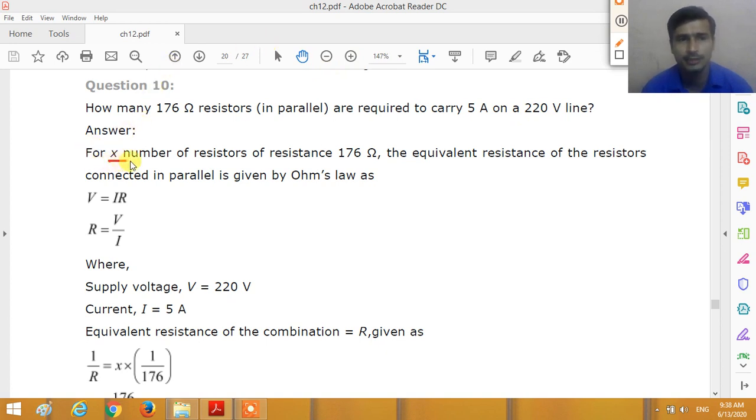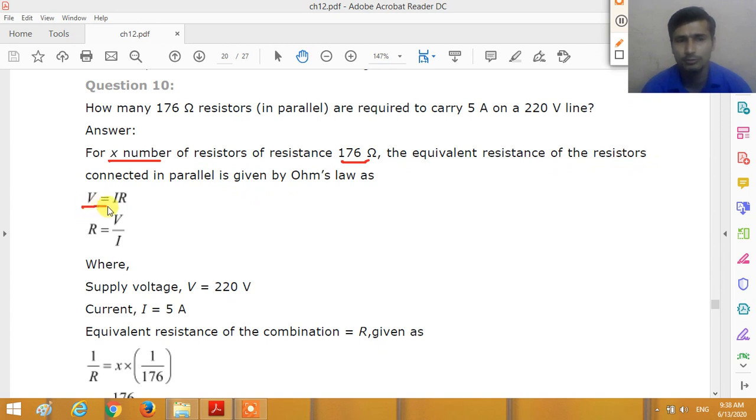So let us assume that there are x number of resistors of resistance 176 ohm. The equivalent resistance of the resistors connected in parallel is given by Ohm's law. So how do we calculate the equivalent resistance?